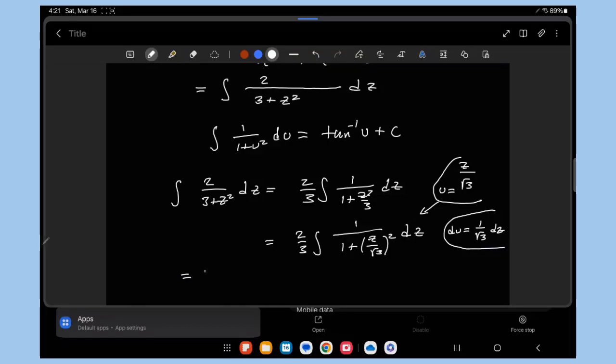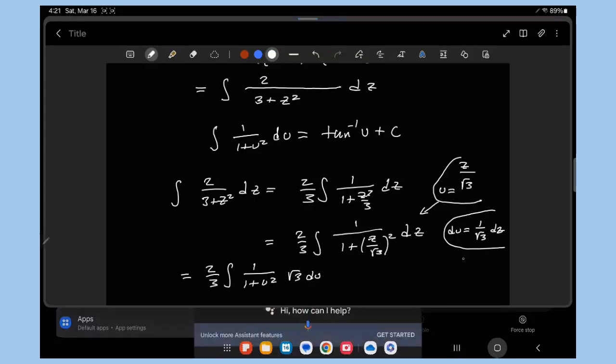So the integral that we're looking at is 2/3 the integral of 1 over 1 plus u squared in this case, and the dz is going to be the square root of 3 times du. It comes from this formula right here, multiplying both sides by the square root of 3. The square root of 3 du equals dz.